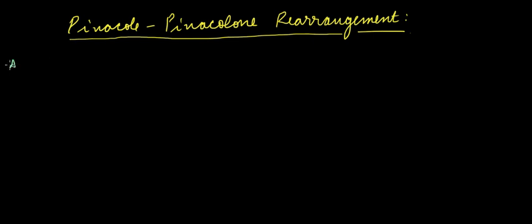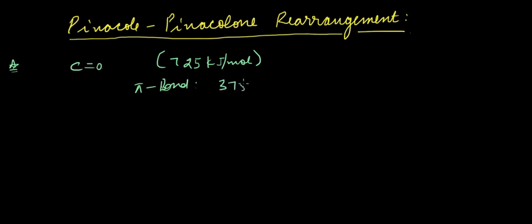So before that, let me write down some facts: the C=O bond energy is total 725 kilojoule per mole, and out of that, the pi bond energy is 375 kilojoule per mole. Okay, so after this fact is explained, let's explain what is Pinacolone rearrangement.